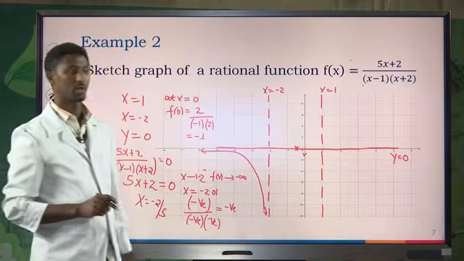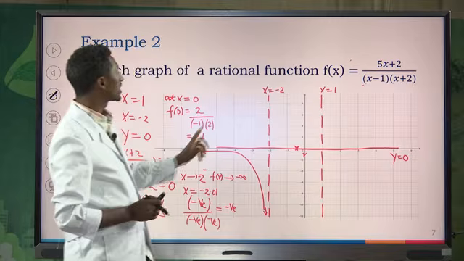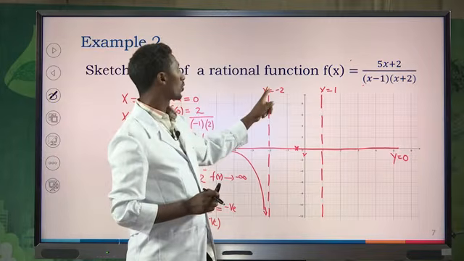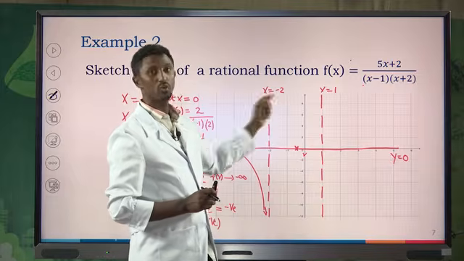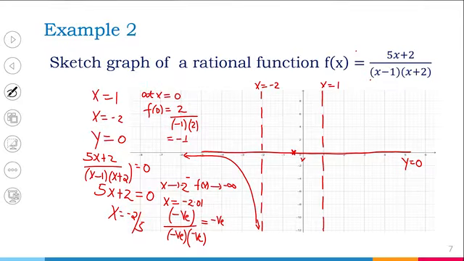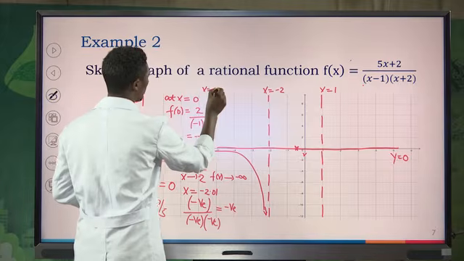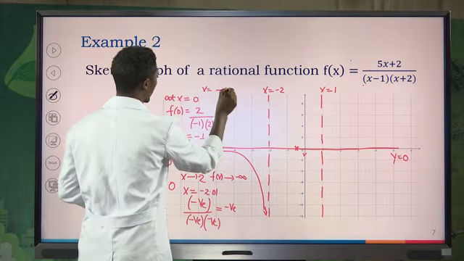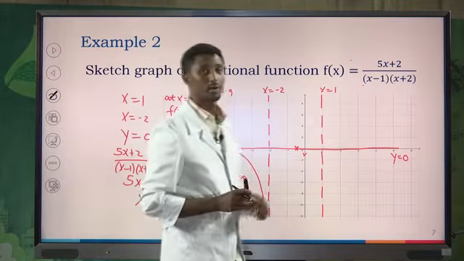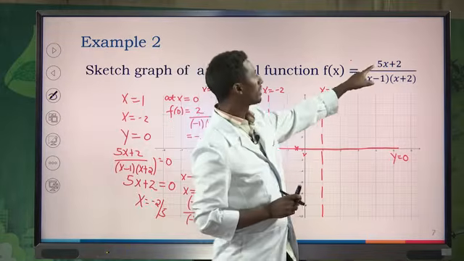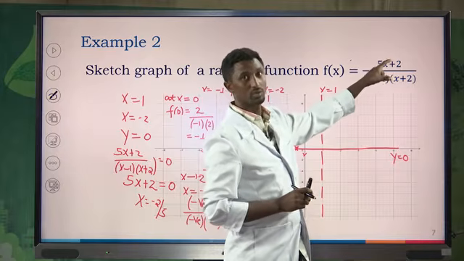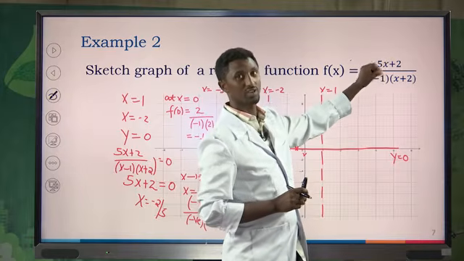In the same way, if we substitute a number x which is closer to minus 2 from the right, let x equal minus 1.9. Let's evaluate what the sign will be here. Minus 1.9 times 5 plus 2 is negative. You can check the sign.